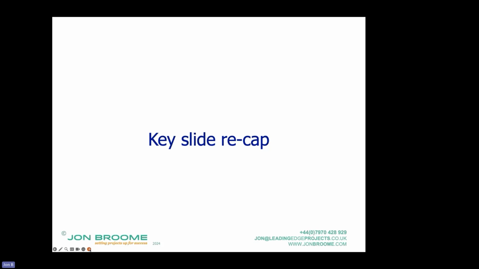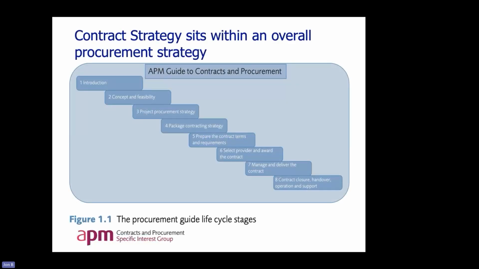So, key slide recap. We looked at this one, which was from the APM Guide to Contracts and Procurement, and we said that we've got the early stages of understanding the contract, how it can be broken down, how it can be procured, sort of an outline: the ideas, the feasibility, the selection.